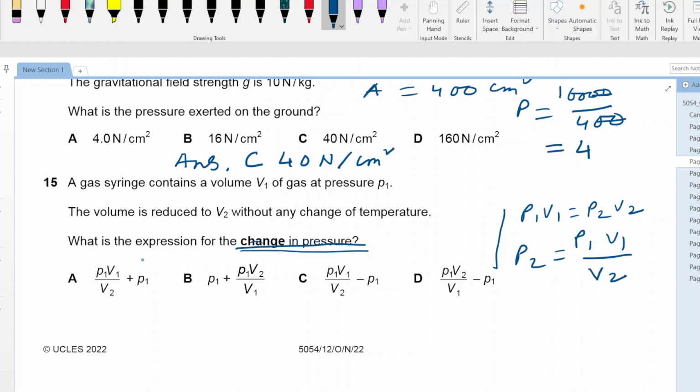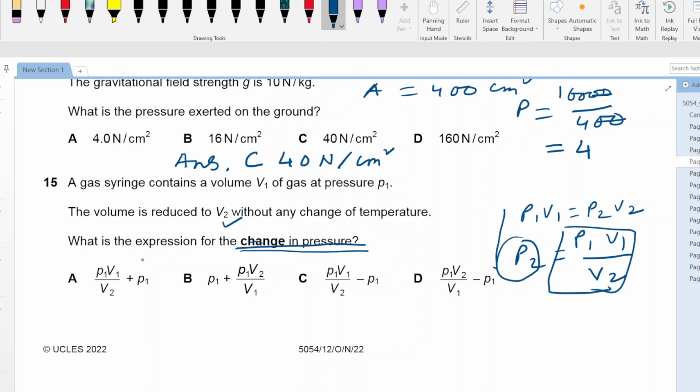Since volume is reduced to V2, therefore this pressure P2 will be greater. Since volume is reduced, this is greater.